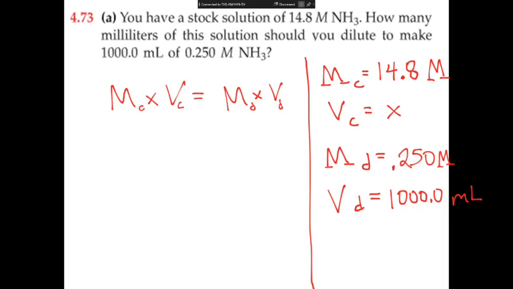Now let's work through it. 14.8 times x equals 0.250 times 1,000.